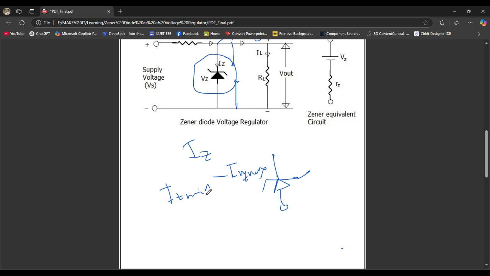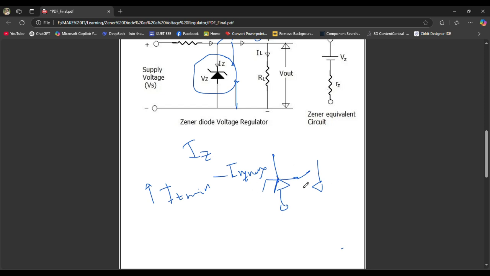Iz minimum is the current which will flow through this Zener diode when it starts working in the Zener region, or in Zener mode. And if we keep increasing this current, it can take a maximum current of Iz max, which keeps this Zener diode working in a safe region.